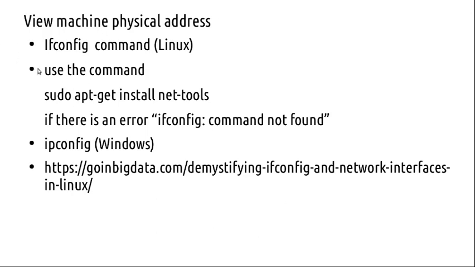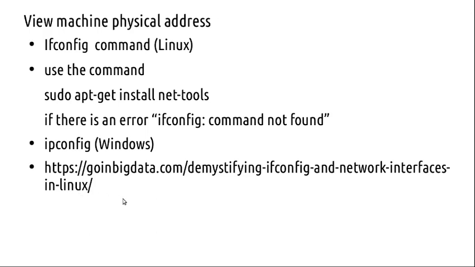You could use these commands: ifconfig on your Linux computer as well as ipconfig on a Windows computer. Get an output, and to understand what this output means, you could check this link. I'll post this link in the classroom as well.